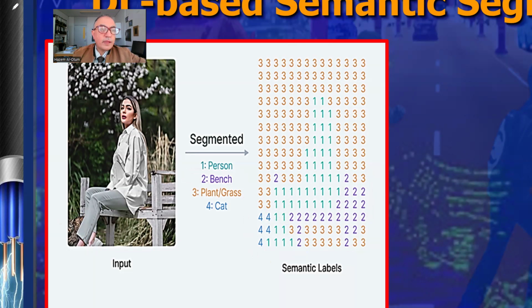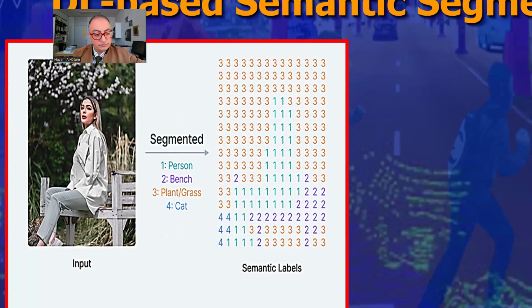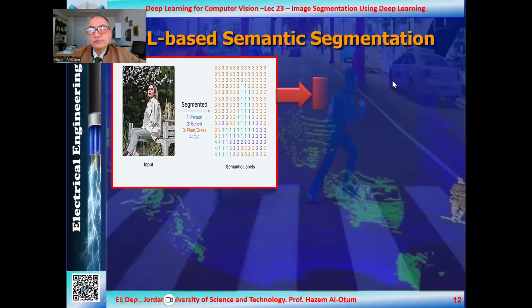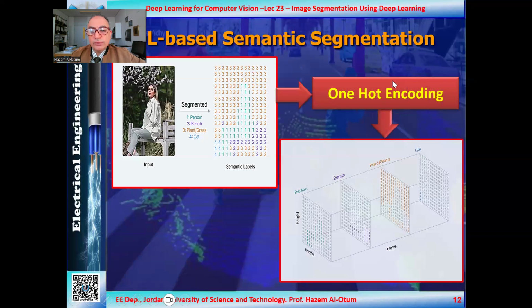Now, we call this matrix, or let's say ground truth table, or mask, or ground truth result, a one-hot encoding.